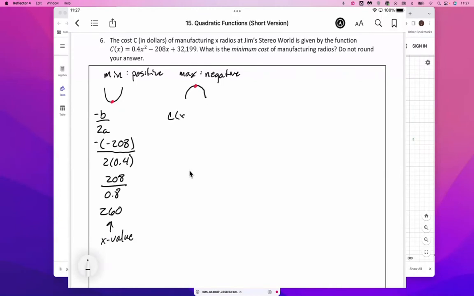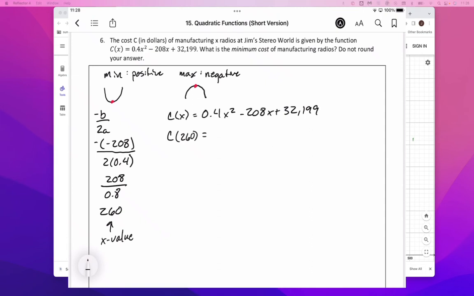And so we've got cost is equal to 0.4x squared minus 208x plus 32199. And so the cost, and the correct way mathematically to do this, the cost of 260 units, you could just put y on the left there if you wanted to do that instead.